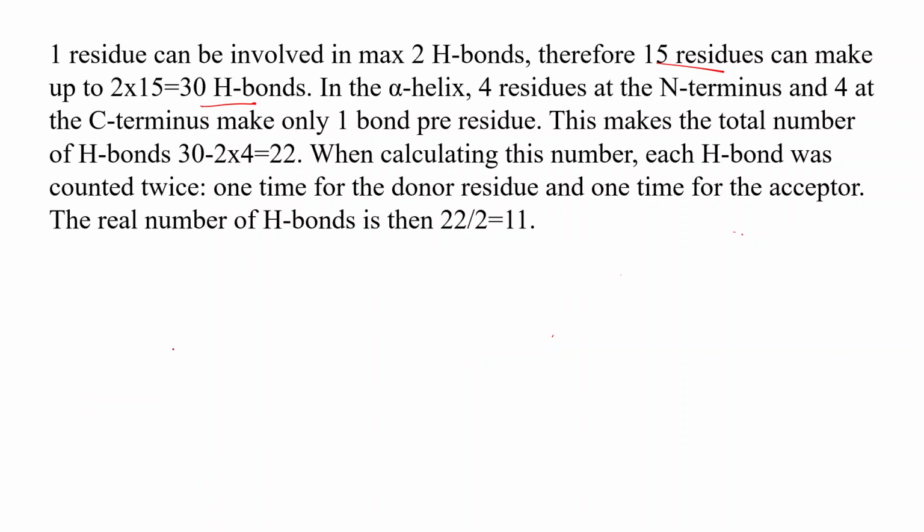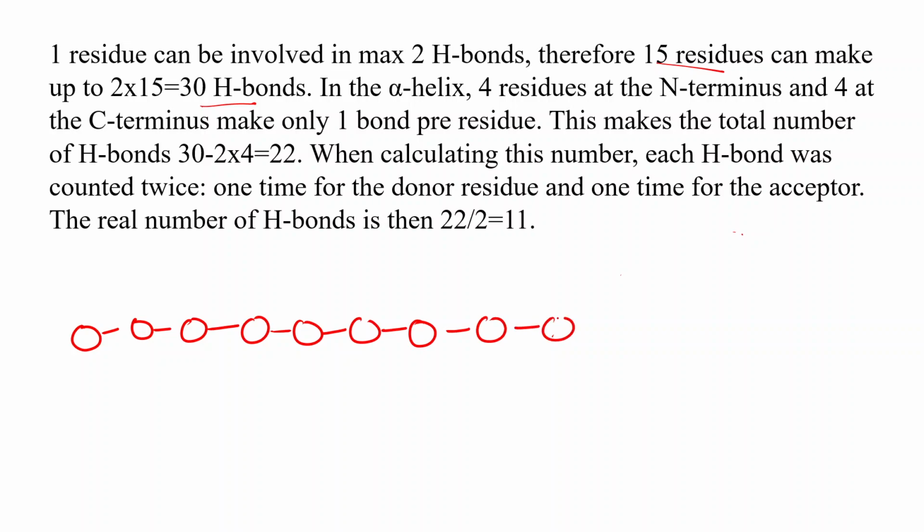So if I now make 15 residues, we have 1, 2, 3, 4, 5, 6, 7, 8, 9, 10, 11, 12, 13, 14 and 15. We have a 15 residue long alpha helix. Now this is the N terminal and this is the C terminal. This N terminal and C terminal will be free.